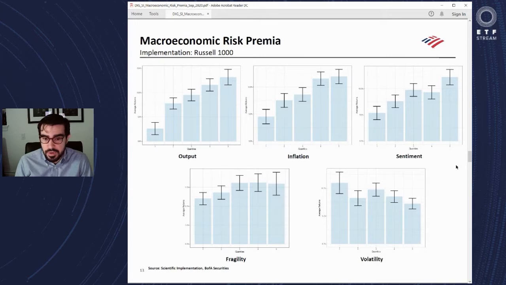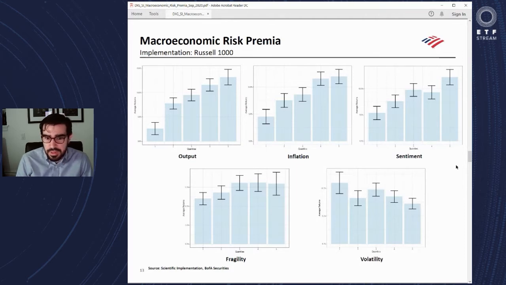So for the case of economic output, which is a pro-cyclical measure, an investor, in order to hold stocks that have a high exposure to that measure, meaning those stocks appreciate in good times and depreciate in bad times, that investor will need to be compensated for that, because when it matters to them most, they're not going to be paid. So in bad times of the world, performance is going to be low for those stocks.